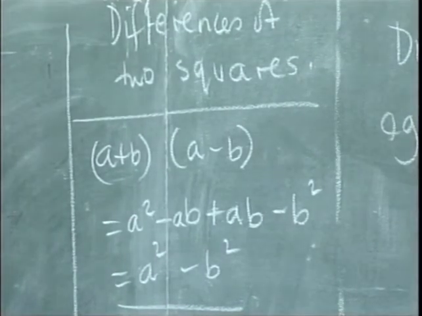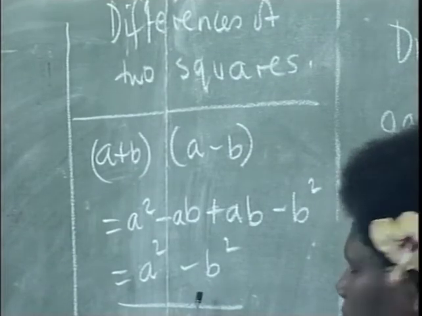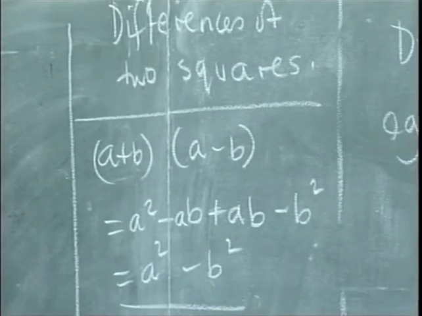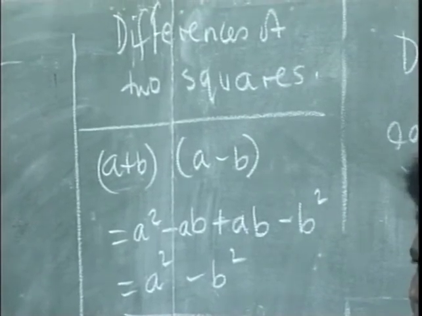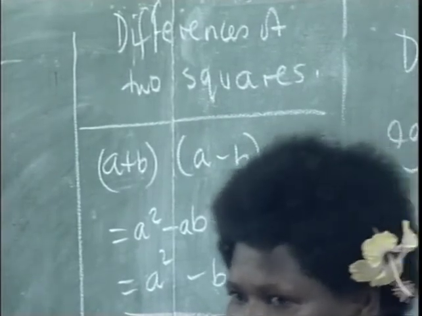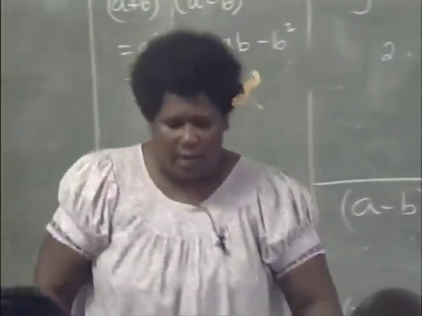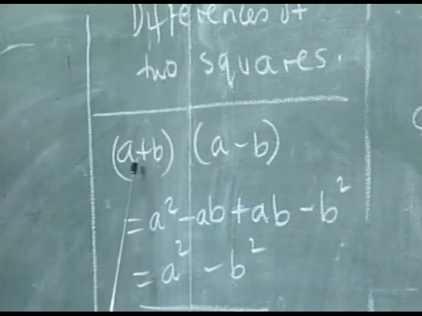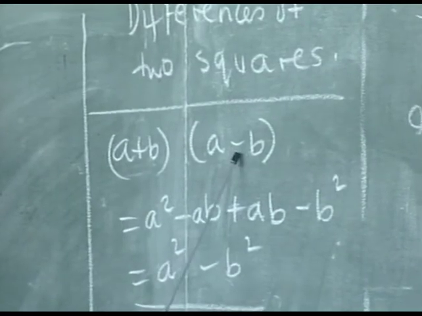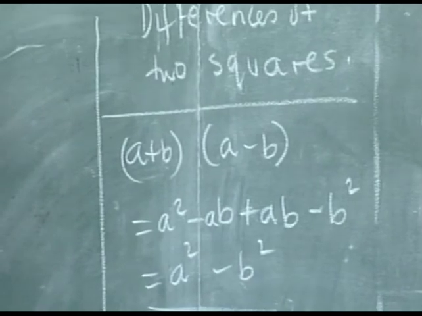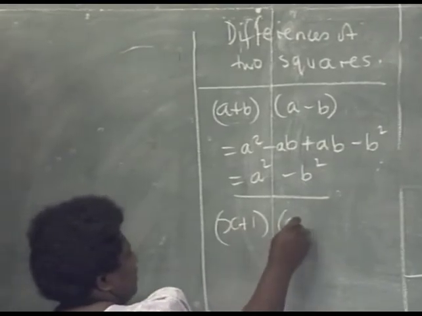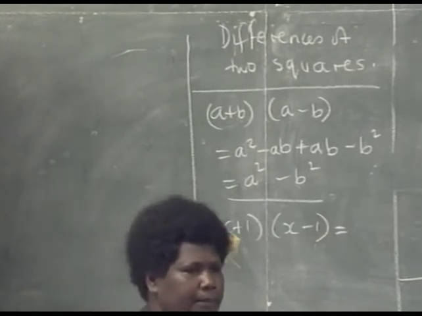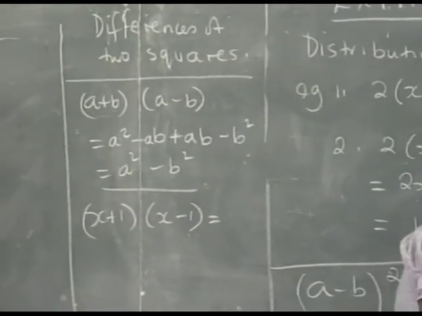Okay, I would like you to try and remember this, because a little later we are going to look at factorizing, which is the reverse of removing the brackets. I am going to go through this again to see if you can remember. Now, have a look at this, note that the difference is that that's a plus and that's a minus. Now, if I gave you x plus 1 times x minus 1, what is the answer that I will get?